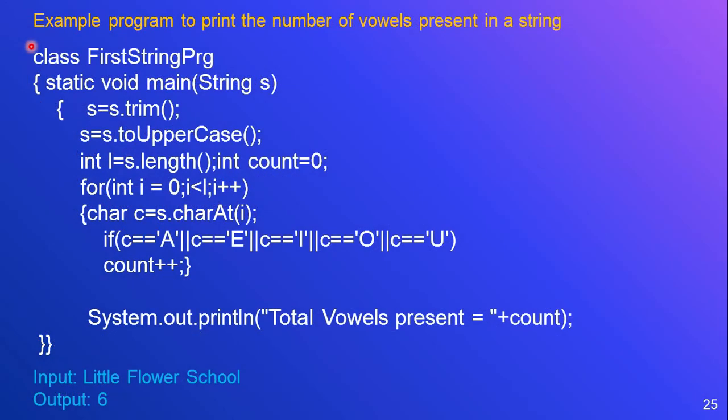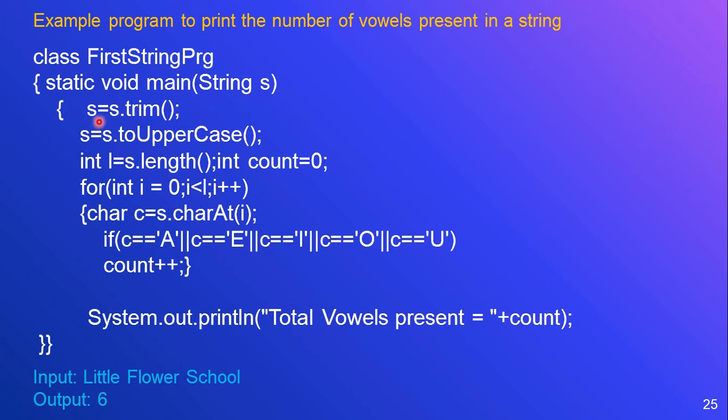Now we are going to see an example program to print the number of vowels present in a string. See this program. This is an input; a string will be input from here.